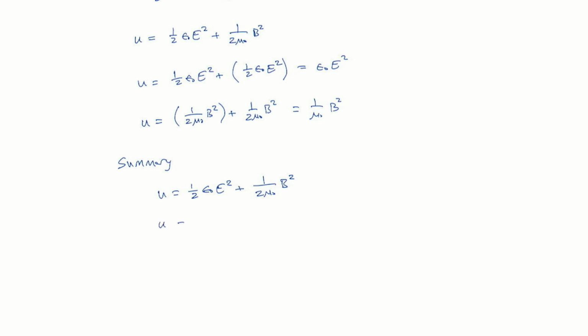We can use U is epsilon 0 E squared, and we can use U is 1 over mu 0 B squared. So we can use whatever version we have the information for. And so these are for values at an instant in time.